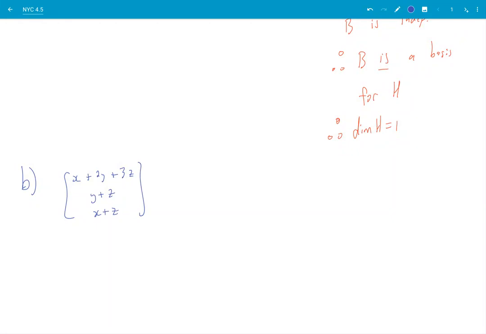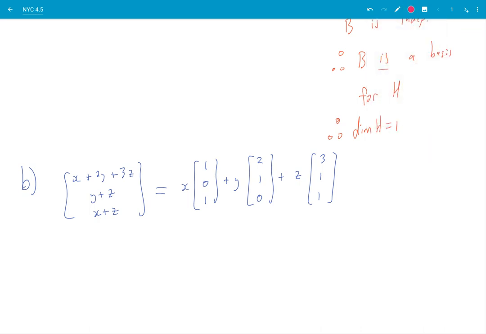So if I have a typical vector in H, I can pull it apart, like so.